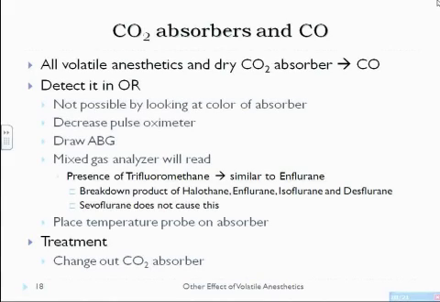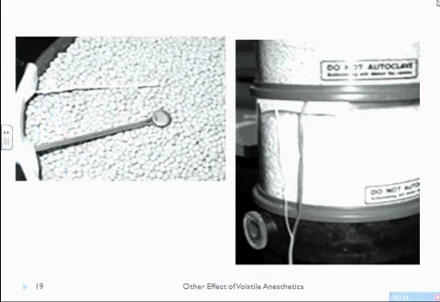You may want to consider putting a temperature probe on the absorber, which I'll show you in a picture in a minute. And treatment basically is to change out the CO2 absorber anytime you think that this person has an increased risk. This is the picture of the new study showing measurements of temperature inside the CO2 absorber. This is to rule out a secondary reaction from sevoflurane from a desiccated absorber.